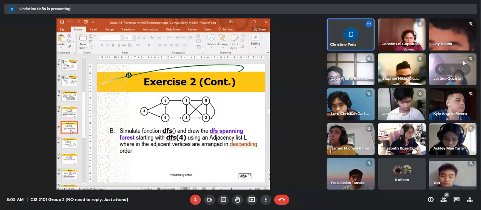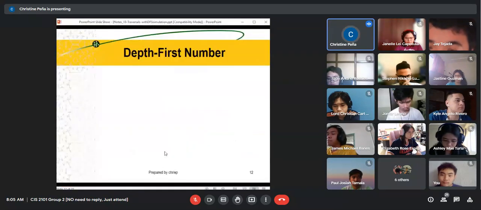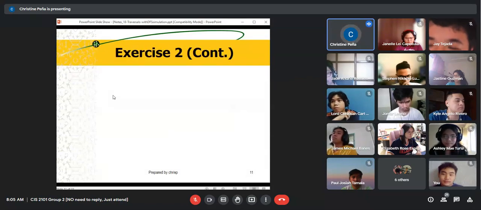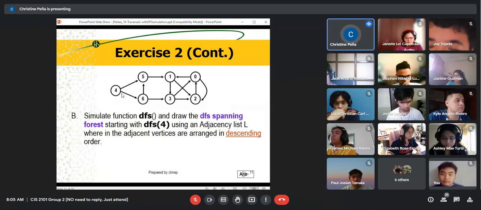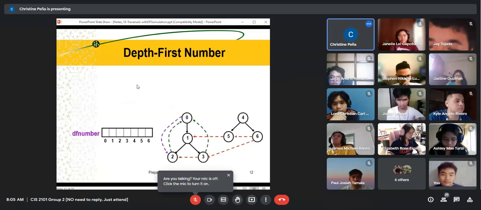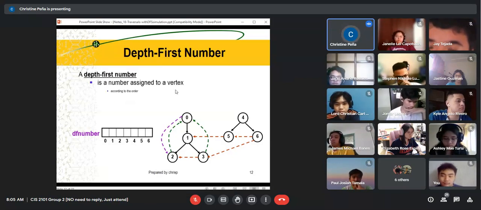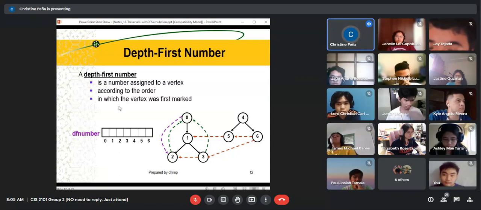Let's continue. Another term is the DFS number, or depth first number. It is a number assigned to the vertex according to the order in which the vertex was marked visited.